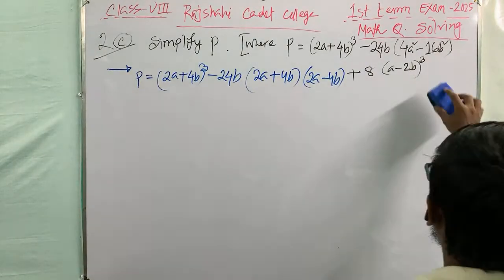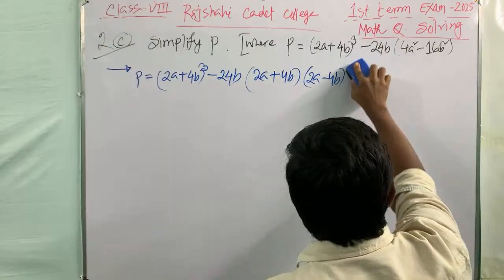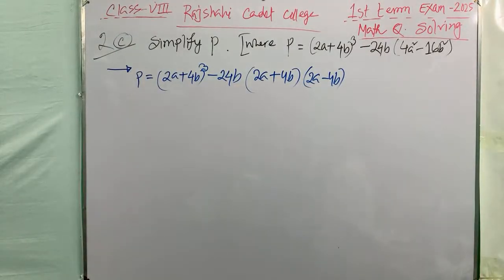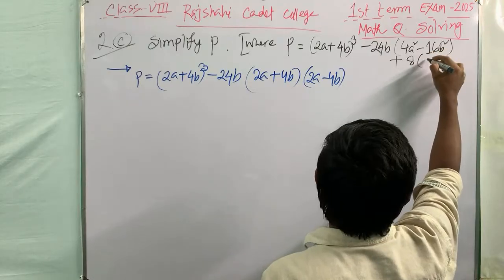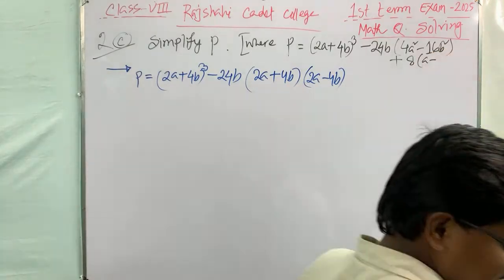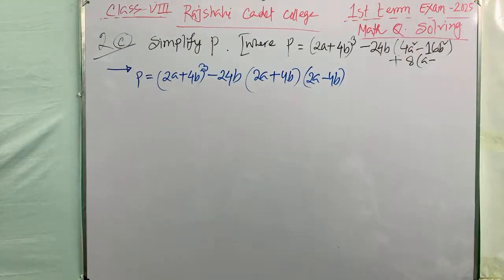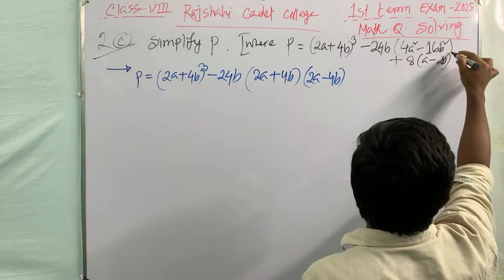So I don't like the fact that these are intersecting with each other, so let's just separate them. A minus, what was it, a minus b, it was a minus 2b, a minus 2b whole cube.